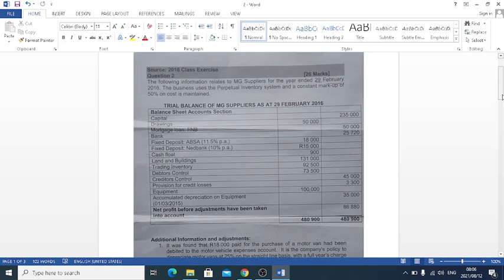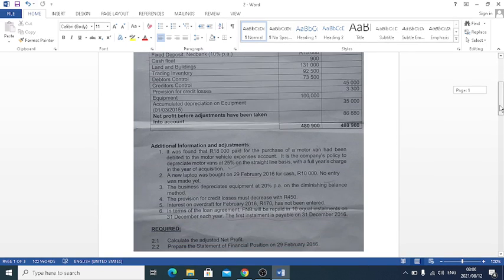On the trial balance, we're given the trial balance of MG Suppliers as at 28 February 2016. Last item, they gave us the profit before adjustment, 86880. So we have to take into account the following adjustments and then calculate the adjusted net profit.